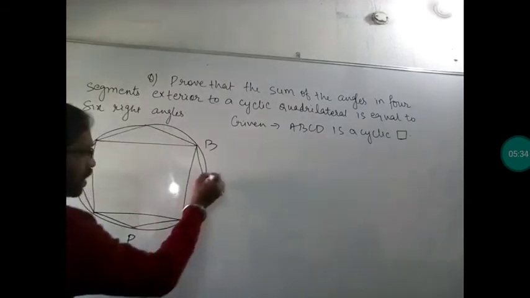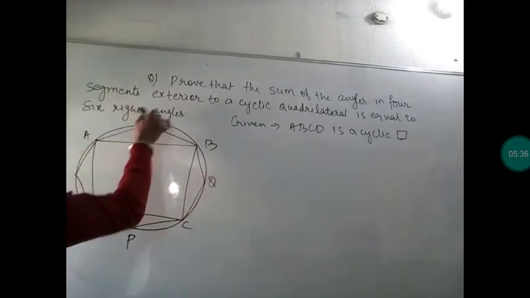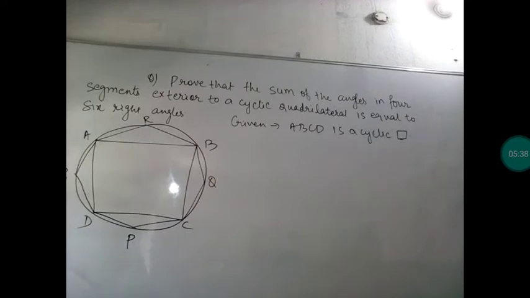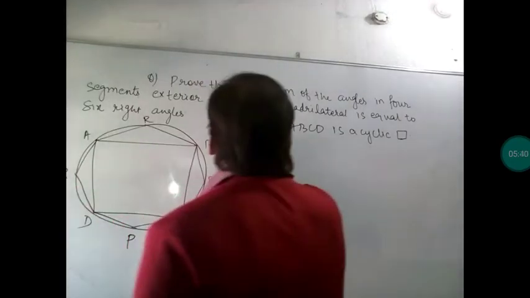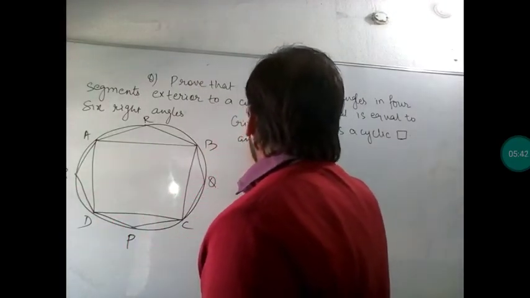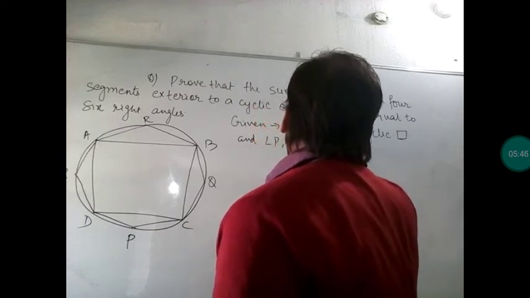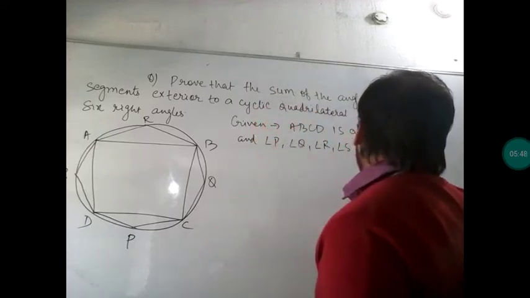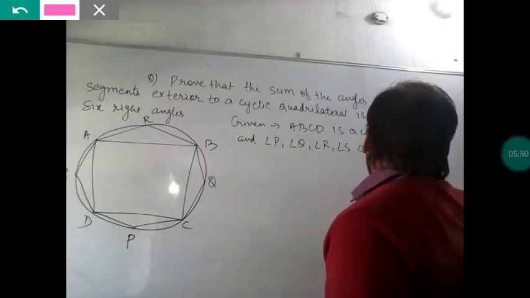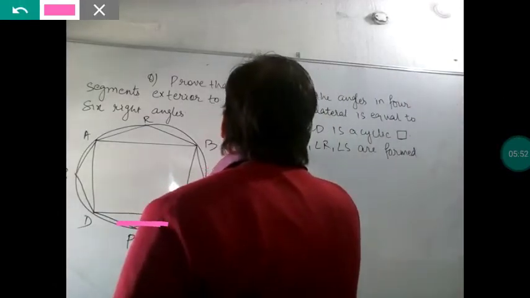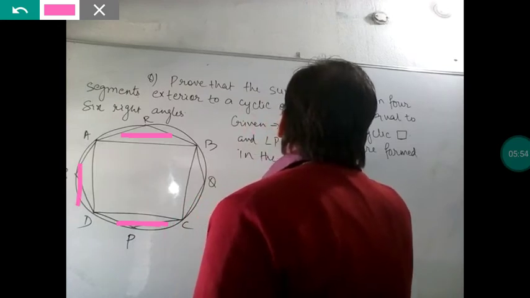these angles which I'm writing right now, P, Q, R and S, are the angles in the exterior segment of a cyclic quadrilateral. Obviously all these parts are exterior to it. This is an exterior segment, this is an exterior segment, this one is an exterior segment.